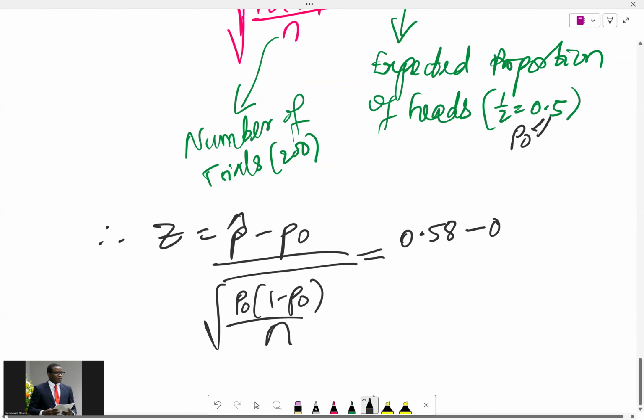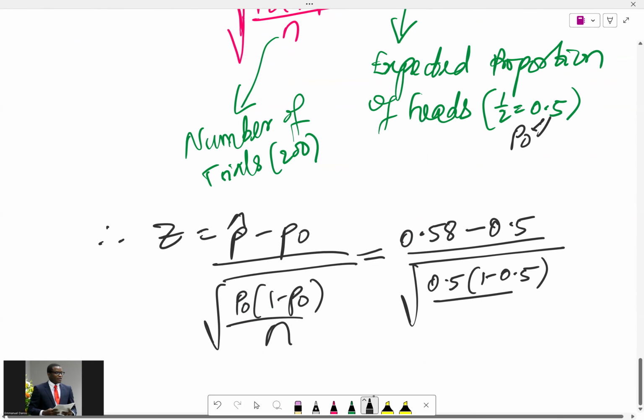So that's minus 0.5 divided by square root of P naught, which is 0.5, times 1 minus 0.5. That's simply 0.5, right? All over N, and N is 200.